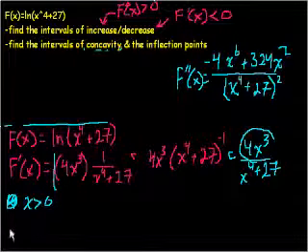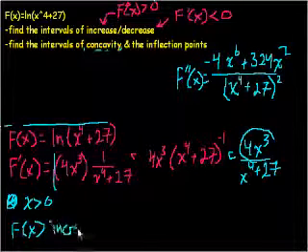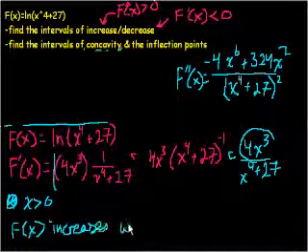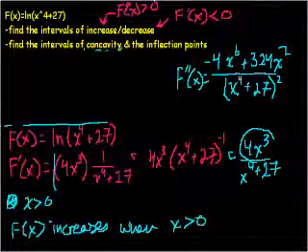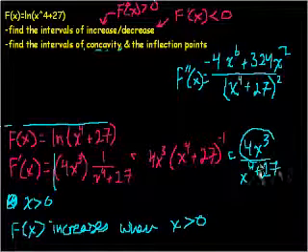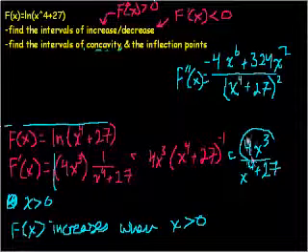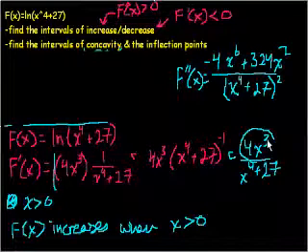So f of x increases when x is greater than 0. And how did we know that? We just looked at the first derivative and we said, when is this greater than 0? The denominator doesn't matter because it's always positive. So when is this greater than 0? When x to the third is greater than 0. When is x to the third greater than 0?